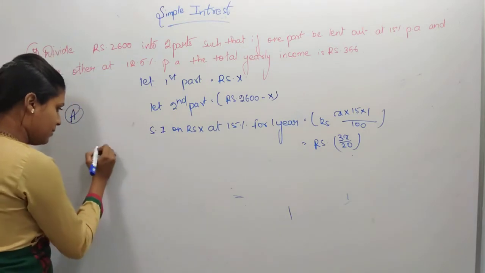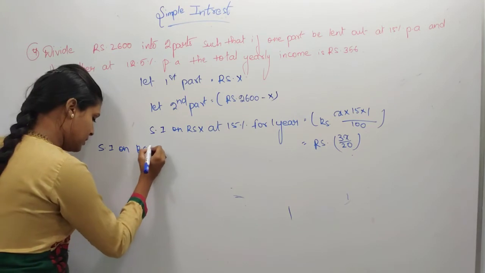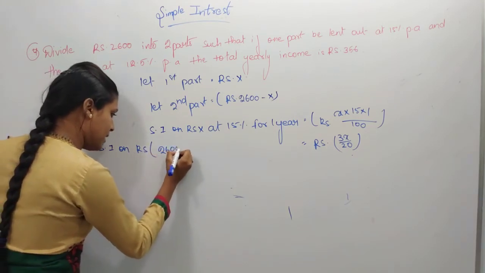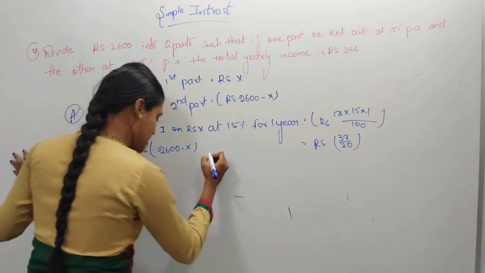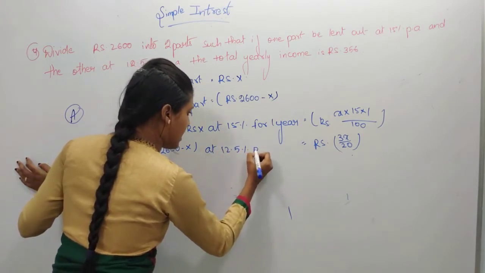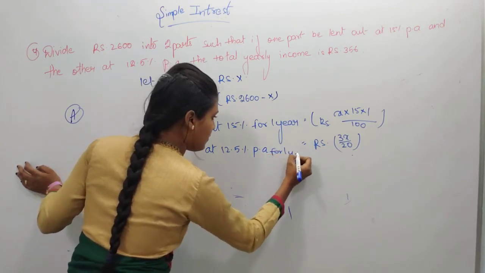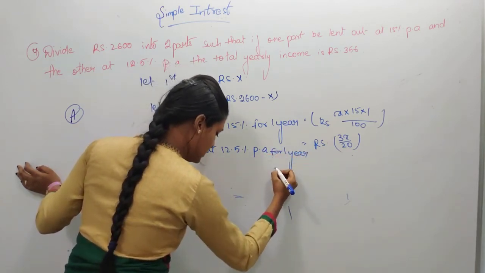Now SI on rupees 2,600 minus x at 12.5% per annum for 1 year. How much will you get?